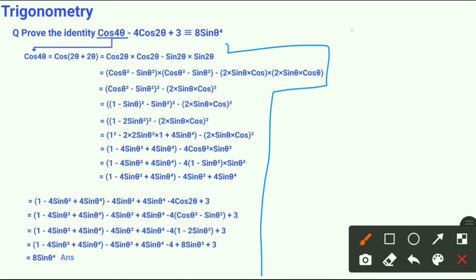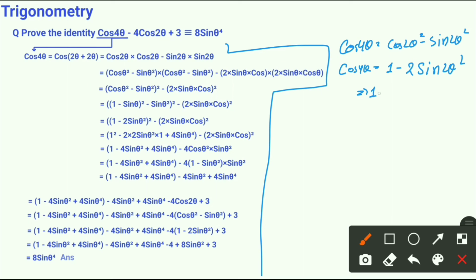So what is really happening is, cos 4 theta is equal to 1 minus 2 sine 2 theta square. If I look at this more carefully, then 1 minus 2 sine 2 square theta, cos 4 theta. Then 4 sine square cos square, which means 1 minus 8 sine square cos square.